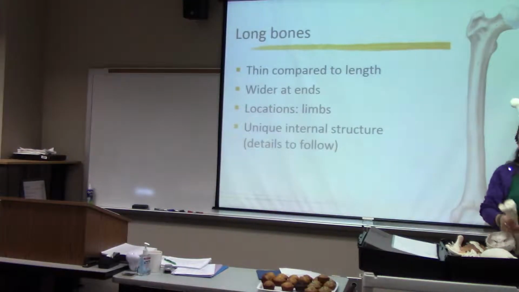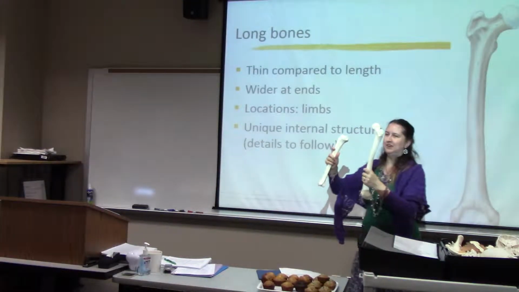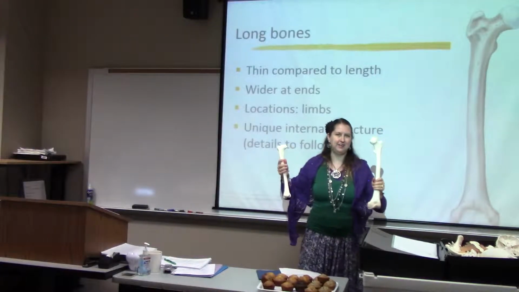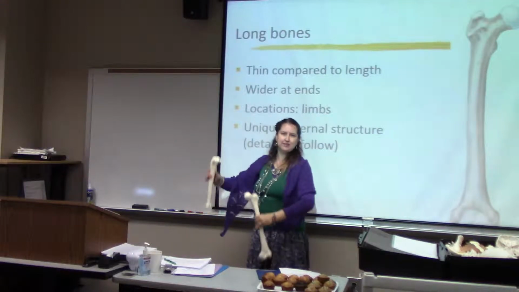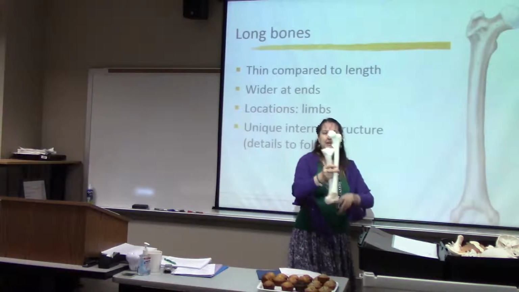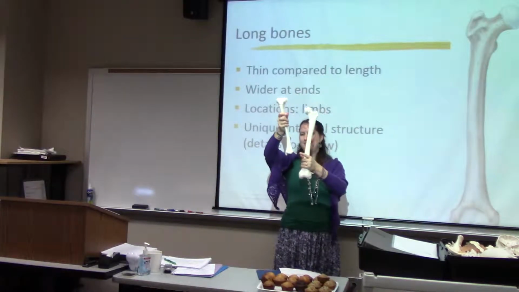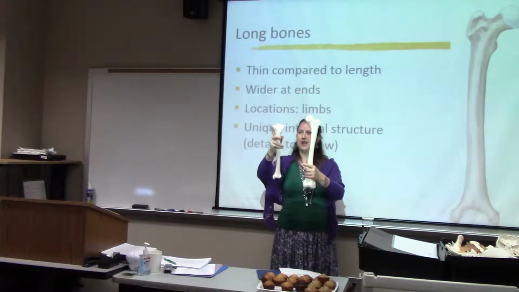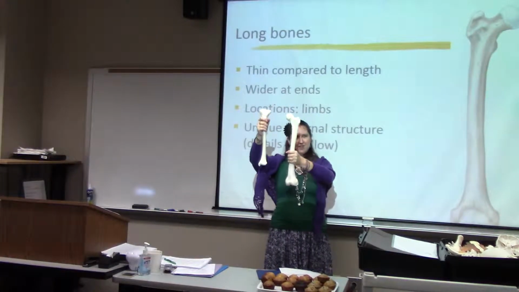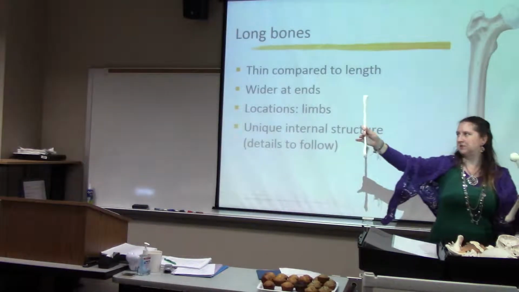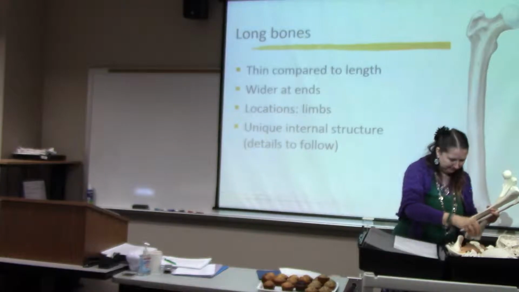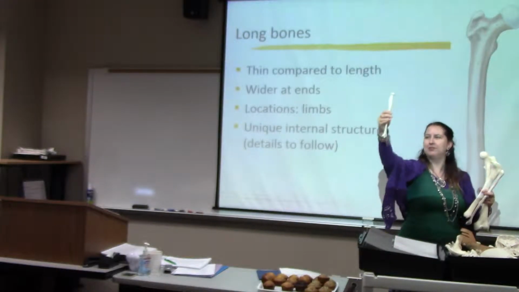I have a couple examples of long bones in here. Long bones are all found in your limbs. These two form the main parts of the leg. You can see, although there are variations in what the ends look like, they're all thicker than the shaft. Here's one that's much thinner, a shorter one from the arm.